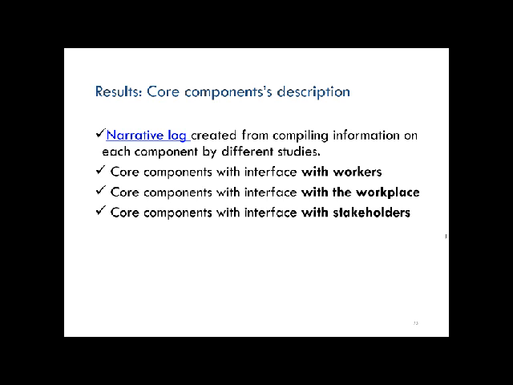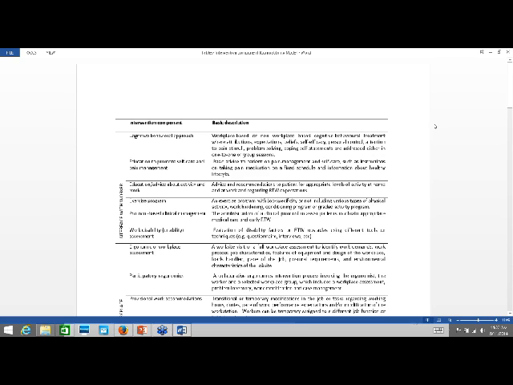We created this log to give an idea of, I'll show you now an overview of the log. You don't need to read it, but basically these descriptions would help us with other reviews to identify the coherence between the components that we analyze in the evidence, the strength of evidence.